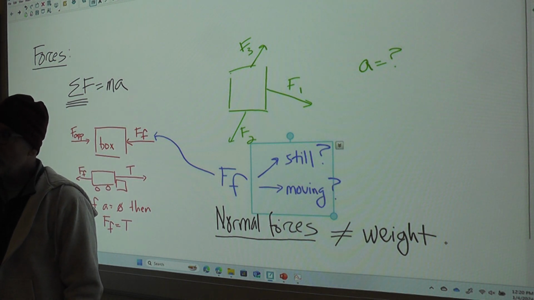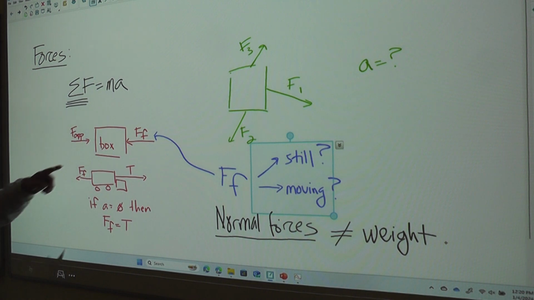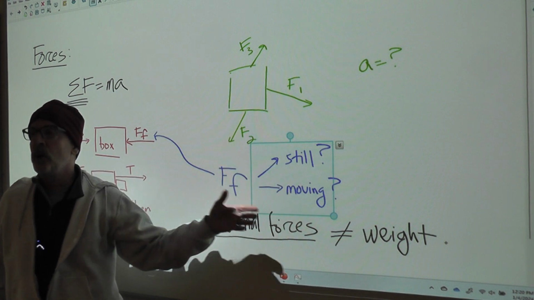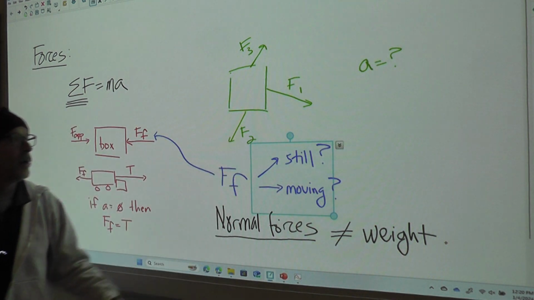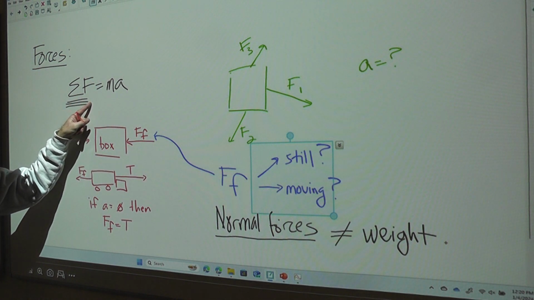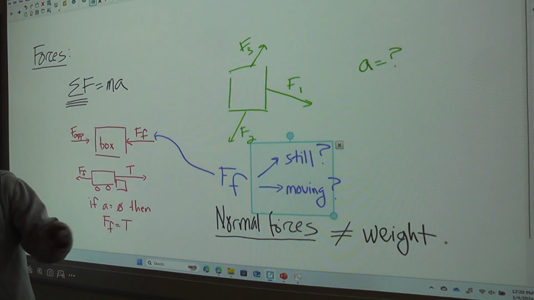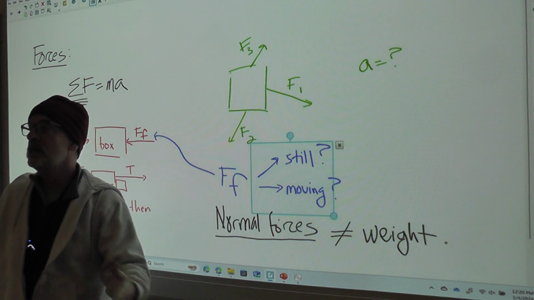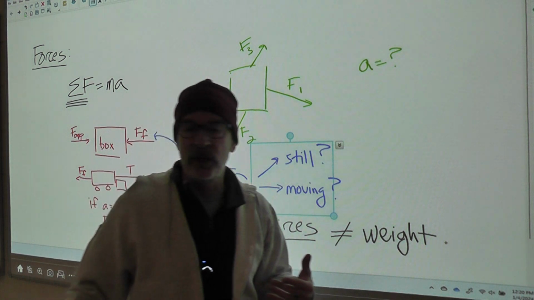So we're going to do two things today. The first thing, I'm going to talk about friction, and in particular, how we can use what we've done so far to think about the forces acting on an object in order to make predictions. And then you're going to start looking at this next piece, thinking about weight, normal forces, and the measuring devices we use to determine those kinds of things.